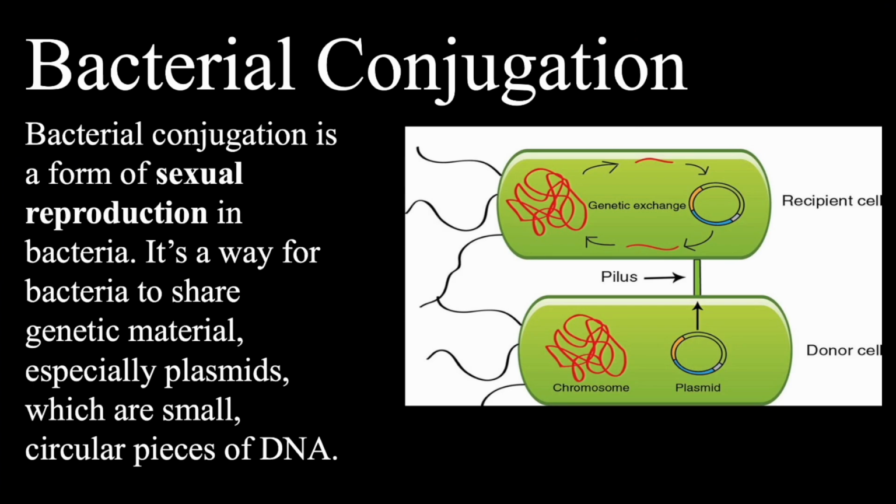The other form of reproduction that bacteria could go through is what's known as bacterial conjugation, and this is a form of sexual reproduction in bacteria. It's a way for bacteria to share genetic information, especially plasmids, which are small circular pieces of DNA. Conjugation helps bacteria adapt and survive in changing environments by sharing beneficial genes.